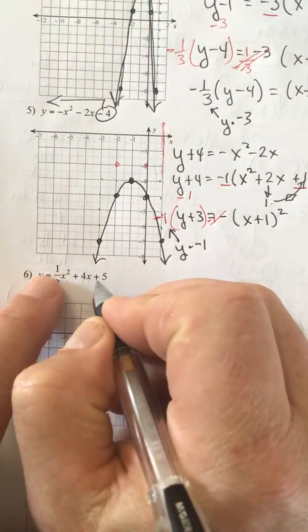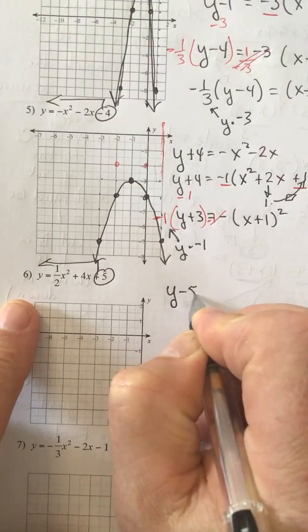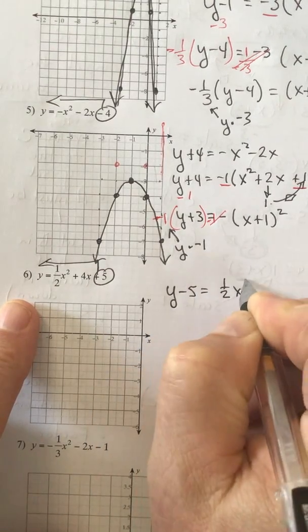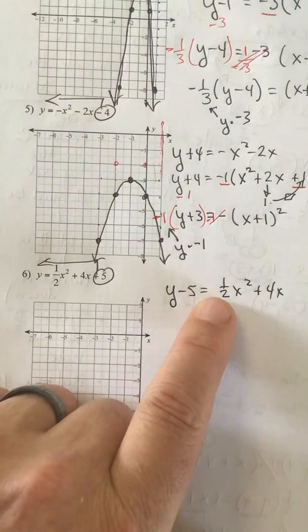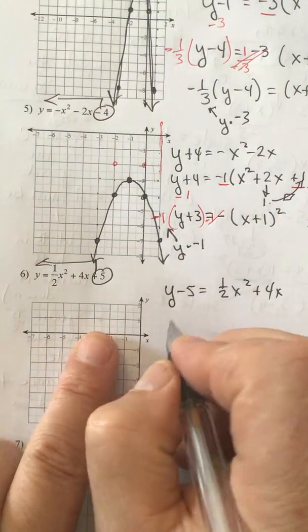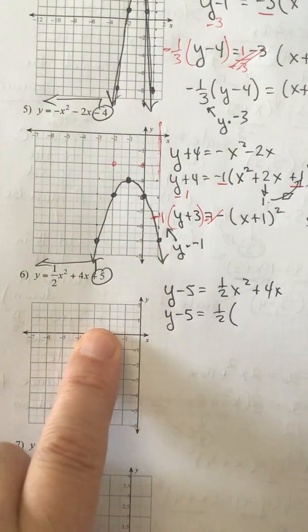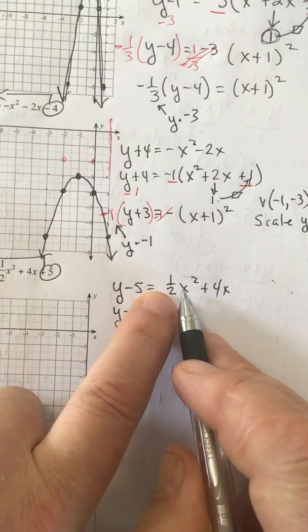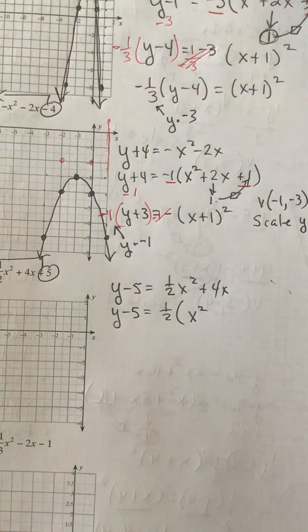Okay, number 6. Uh-oh, a fraction right there. Move the 5. So y minus 5 equals 1/2 x squared plus 4x. B is not 1, so we have to factor it out. We have to divide it out. So 1/2 is going to get divided out of it. So I took a 1/2 divided by 1/2 leaves 1x squared.